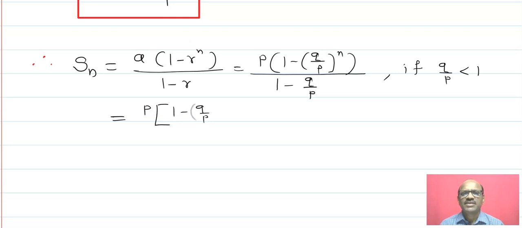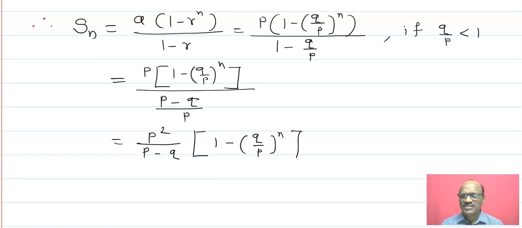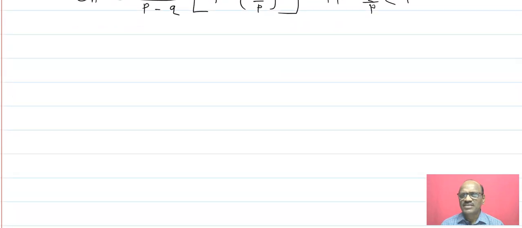That is a p in square bracket 1 minus q upon p bracket raised to n, divided by p minus q upon p. That is, the p gets cancelled, and that's why you are getting p into p, that is p square upon p minus q in bracket 1 minus q upon p bracket raised to n.